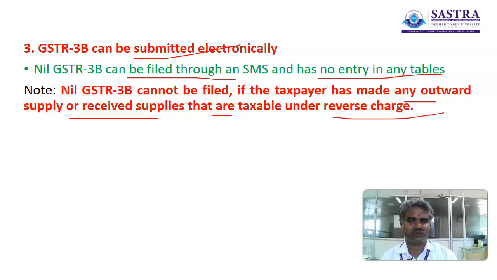When we have to file GSTR 1 on a monthly basis, when we have to file GSTR 1 on a quarterly basis. So everything you have to know and understand, because this is a final stage.